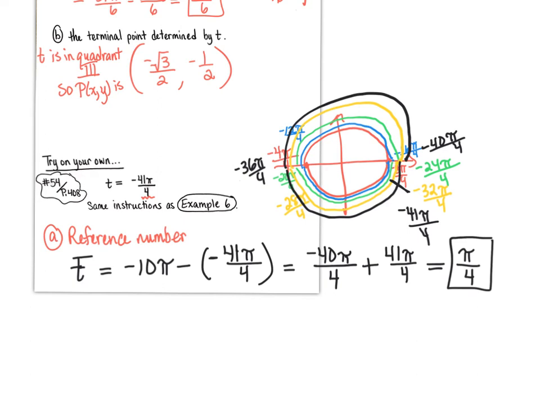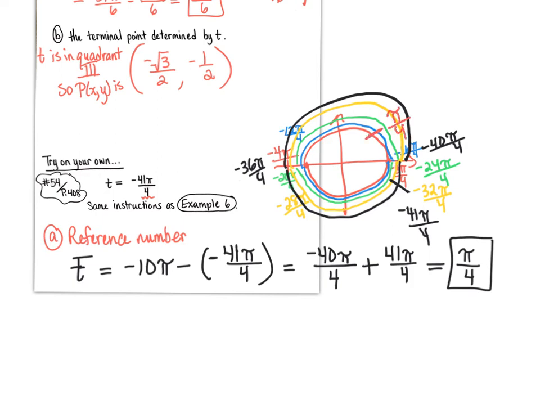Now, we did all of that work initially to find out that negative 41 pi over 4 is in quadrant 4. But notice, and I'm just going to point out something, pi over 4 is here, right?